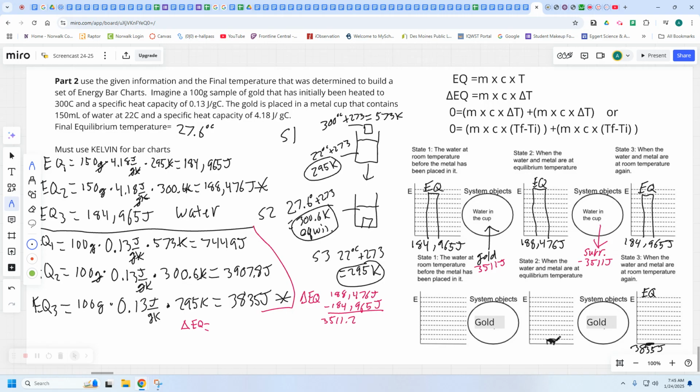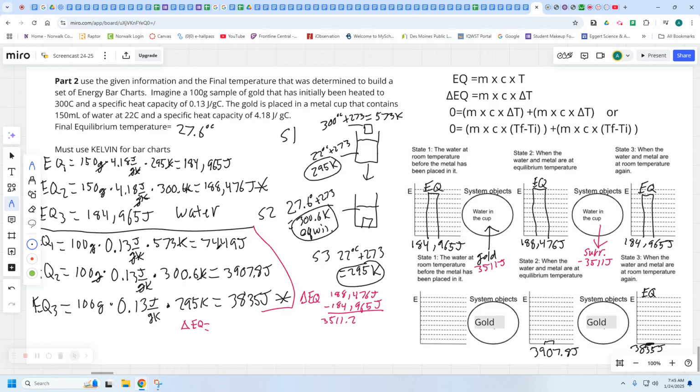And normally I don't shade these in, but because they're so small, I'm going to shade them in. So that shows visually that it's more, but I actually might take that back a little bit so it's not so dramatic. And then label it with 3,907.8. We can fit that on there.